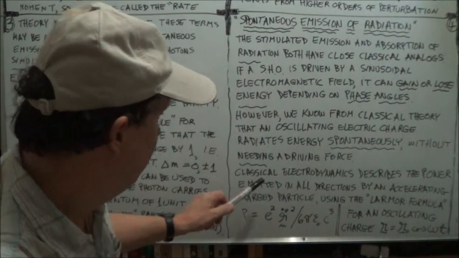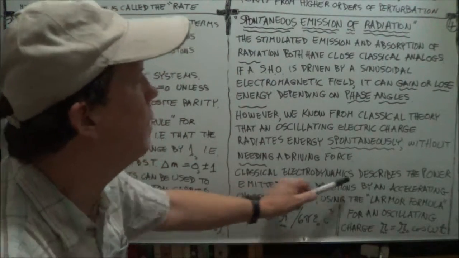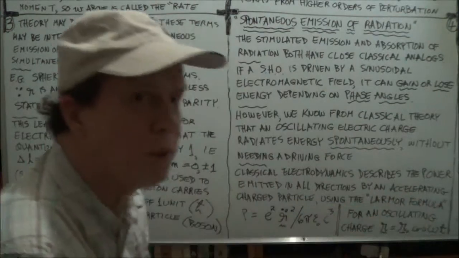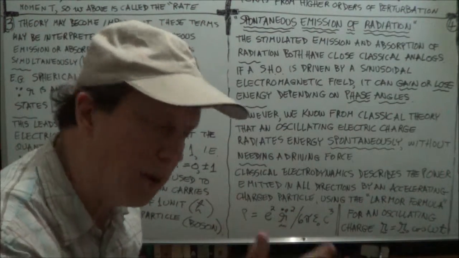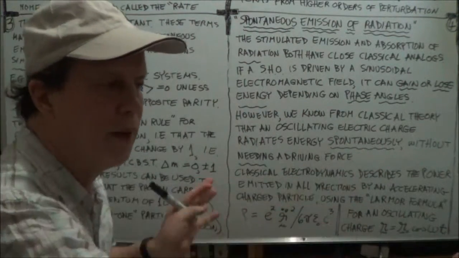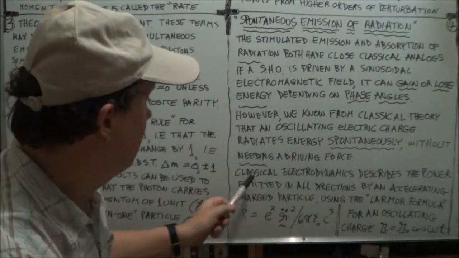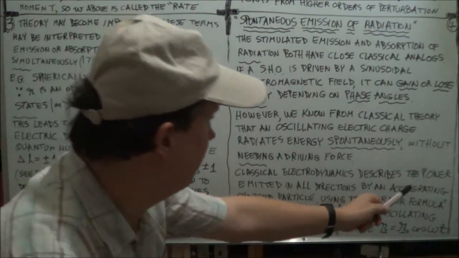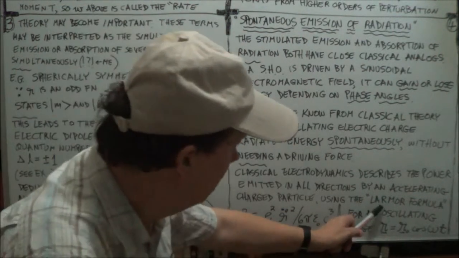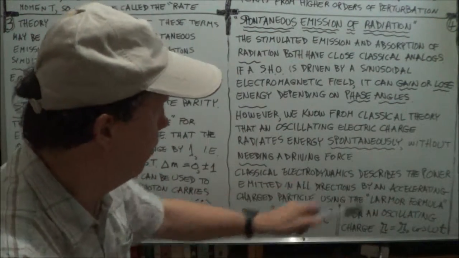So there's a formula in classical electrodynamic theory giving the power, in other words the energy emitted per second, emitted in all directions, how much energy is radiated per second by an oscillating particle.